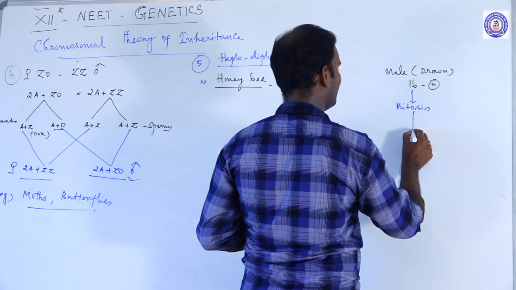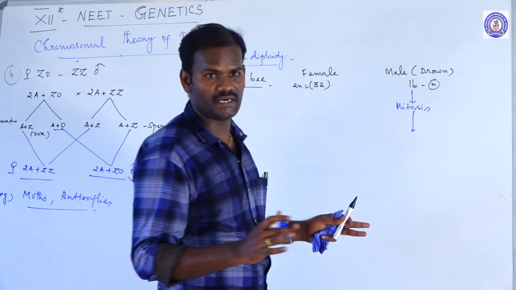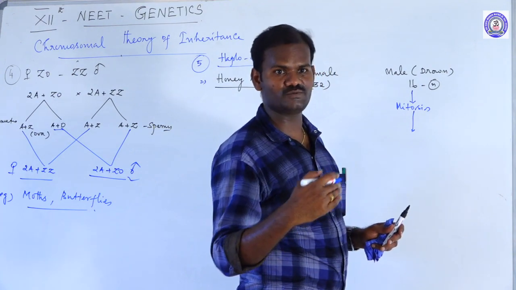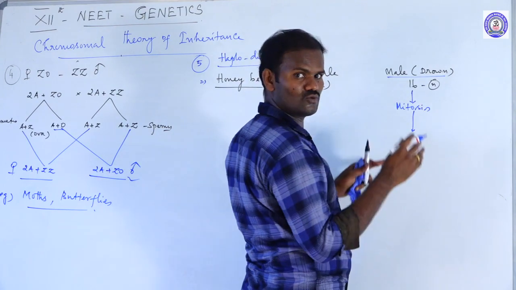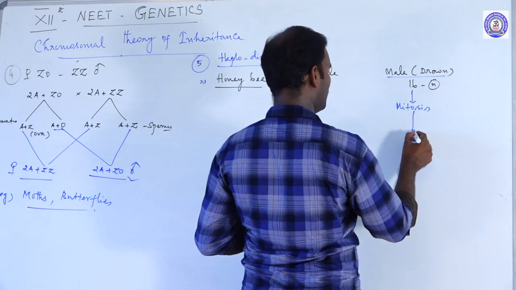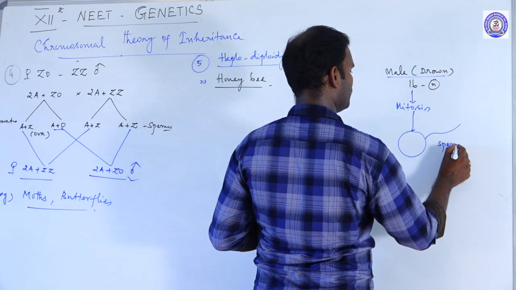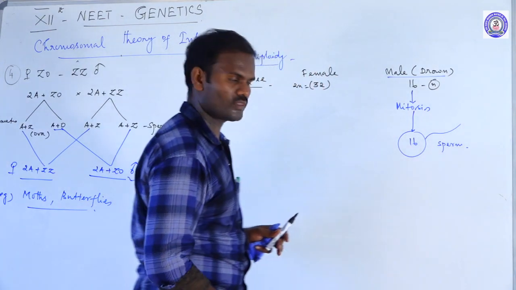What is the result of mitosis? No change in the chromosomal number. But whereas in meiosis, reduction division, half of the number of chromosomes is reduced. So in male, due to mitosis, no meiosis, the sperms will carry a haploid set of chromosome number 16.